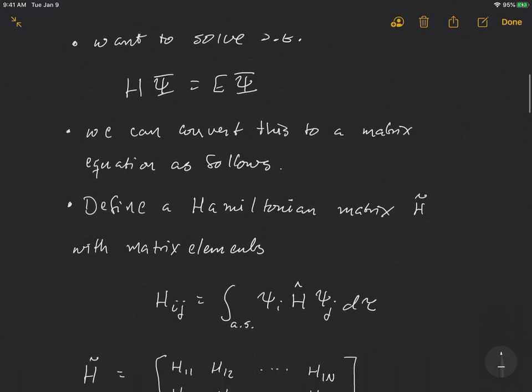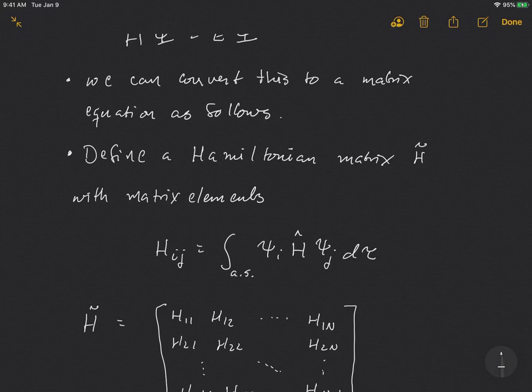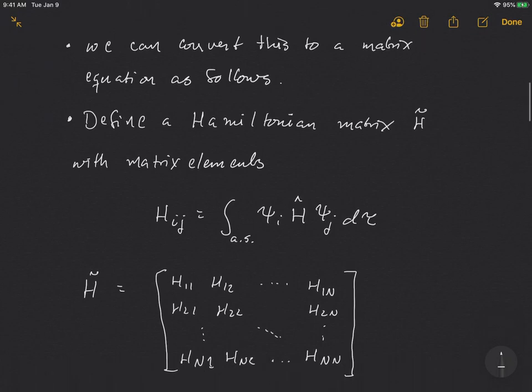So first, let's define a Hamiltonian matrix. Anytime you have a matrix, essentially you're defining that matrix by coming up with an expression for the various matrix elements. Each of these matrix elements is going to involve an integral of the Hamiltonian sandwiched between two of these wave functions, these basis functions, the individual psi i or psi j that make up the sum that gives us our wave function.